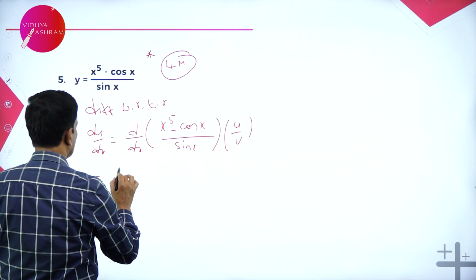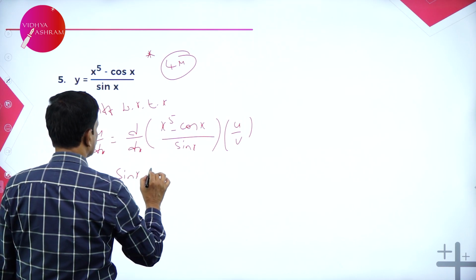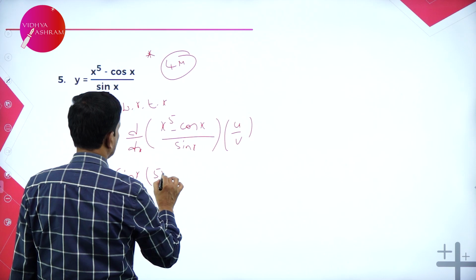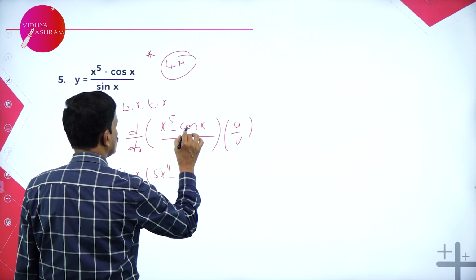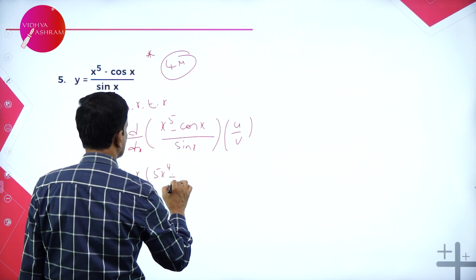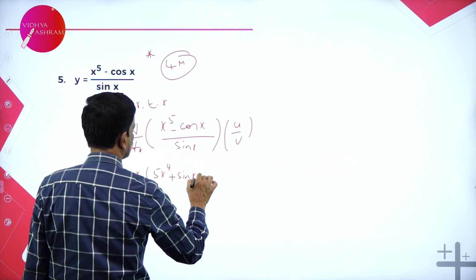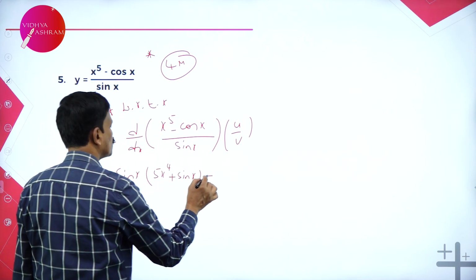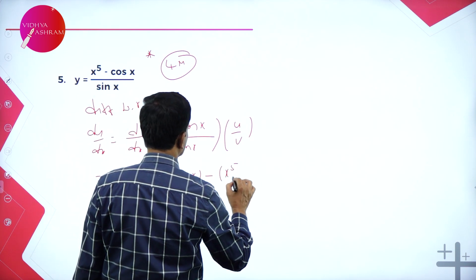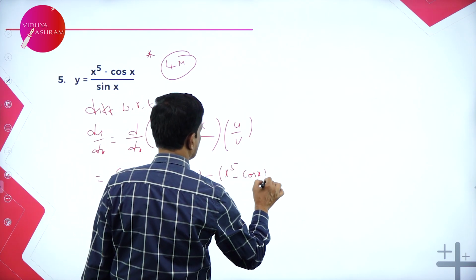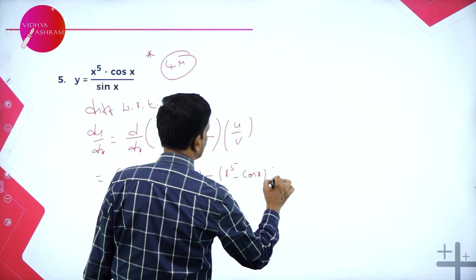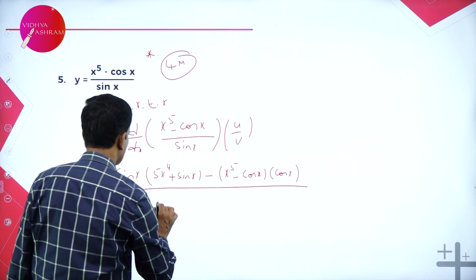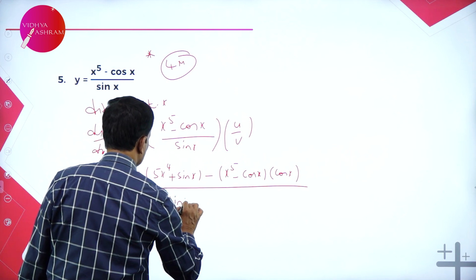This is equal to denominator sin x into differentiation of numerator: x to the power of 5 is 5x to the power of 4, minus differentiation of cos x is minus sin x, minus into minus becomes plus sin x, minus numerator (x to the power of 5 minus cos x) into differentiation of denominator sin x is cos x, divided by the denominator square, that is (sin x) whole square.